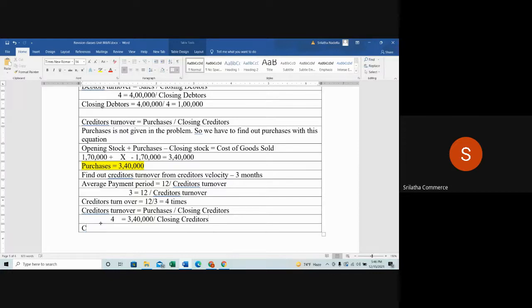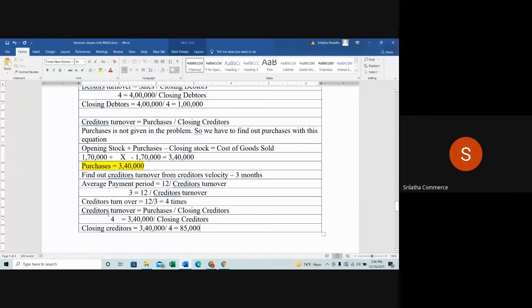So closing creditors is equal to 3,40,000 divided by 4, which is 85,000.